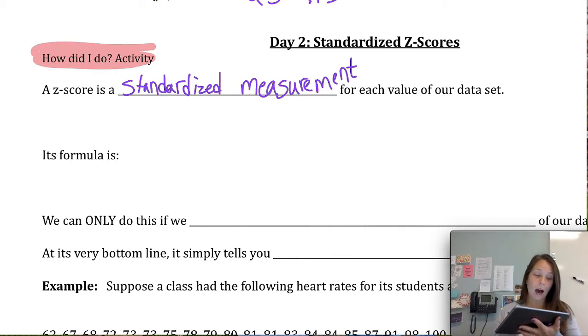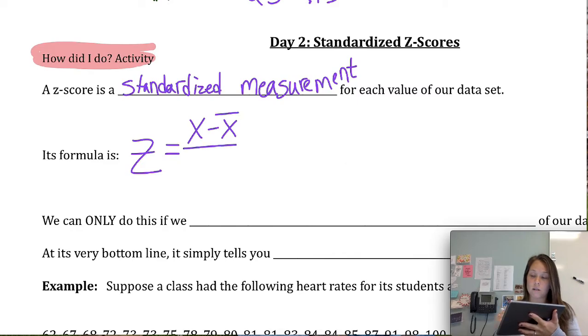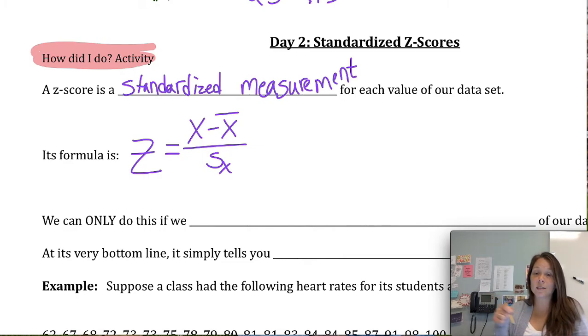The way we calculate our z-score, or our standardized measurement, is x minus x bar divided by s sub x. Remember, x bar is the mean of your sample, and s sub x is the standard deviation of your sample. We can only do this if we know the mean and standard deviation.